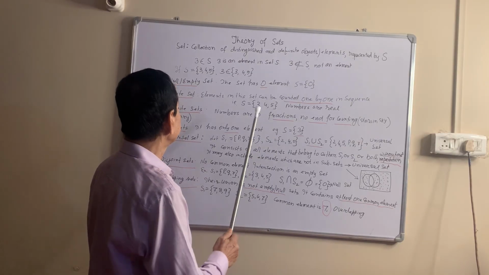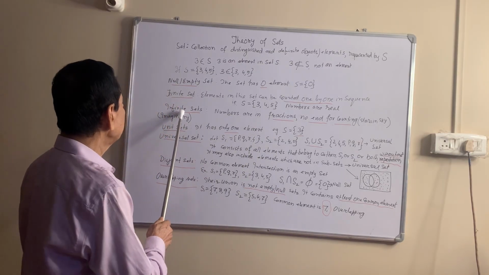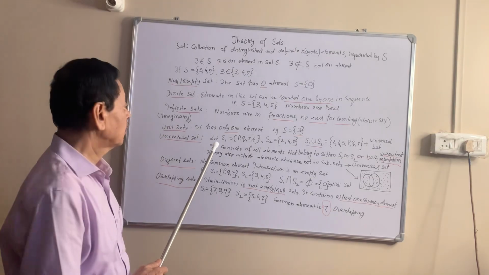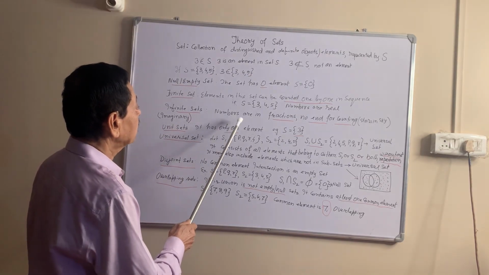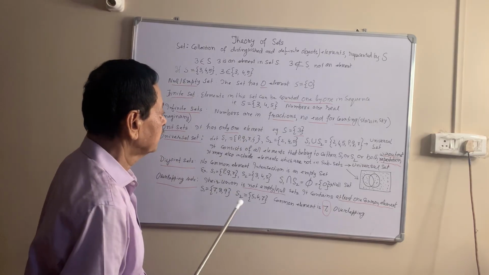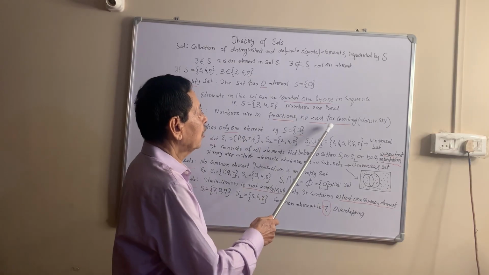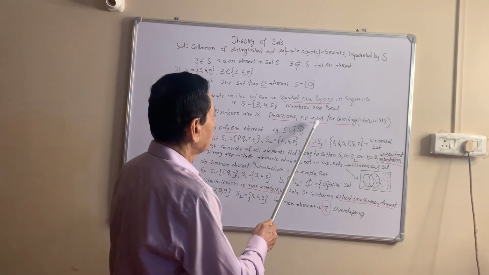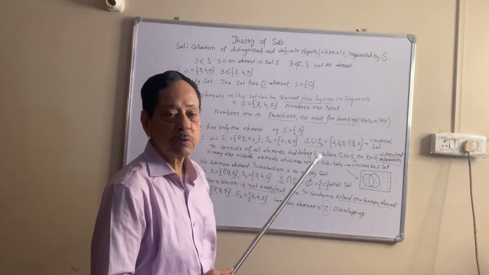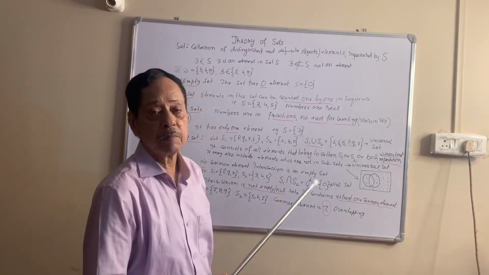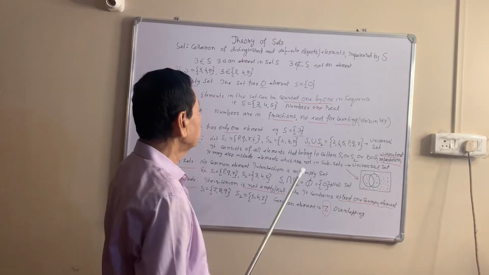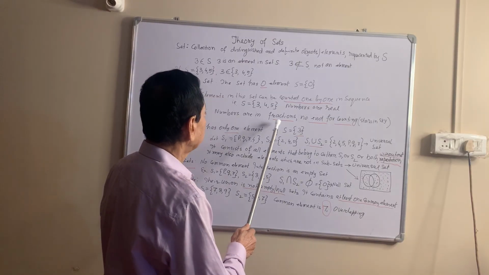Then infinite sets: the numbers are in fractions, with no n for counting. You cannot count it. Go on counting, there will be no end, just like stars in the sky. No end, and they are in fractions.